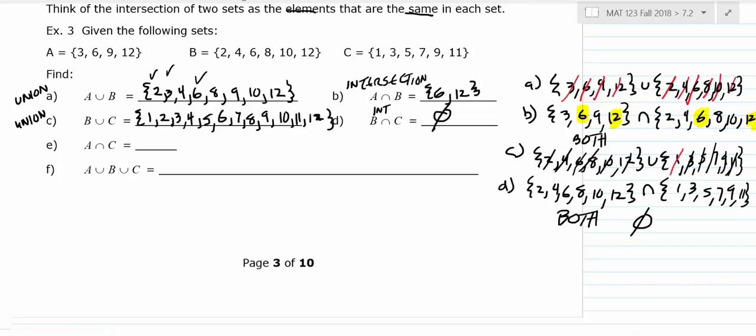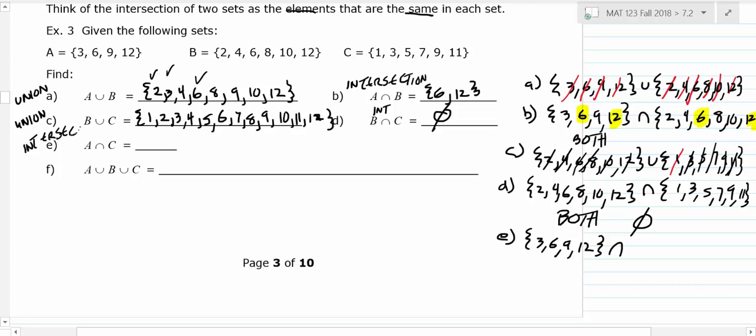Okay, all right, the next one. E, we have set A, which is 3, 6, 9, 12. We're seeing the intersection. Again, this is the intersection symbol, the upside down U. C is 1, 3, 5, 7, 9, 11.